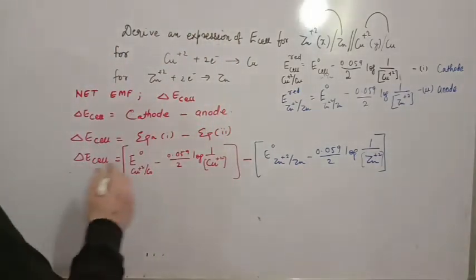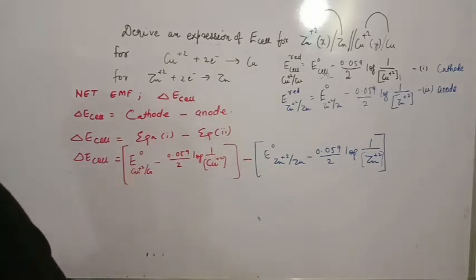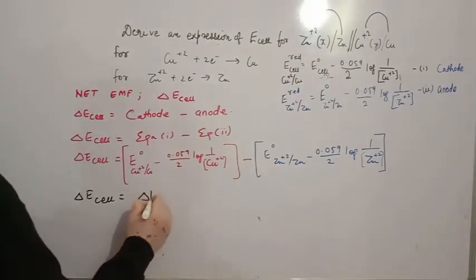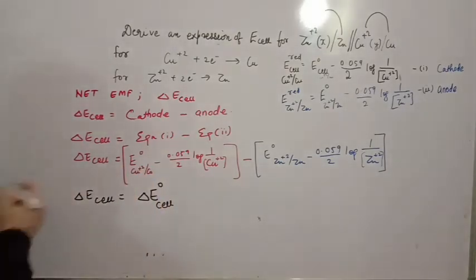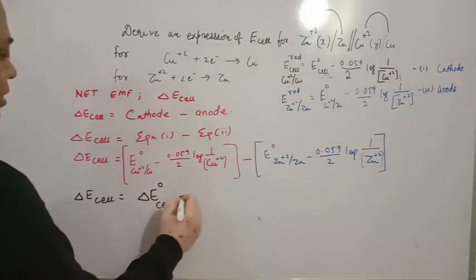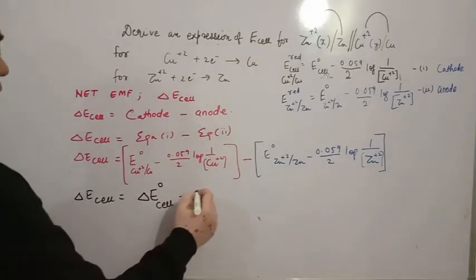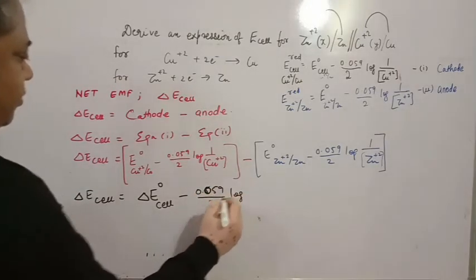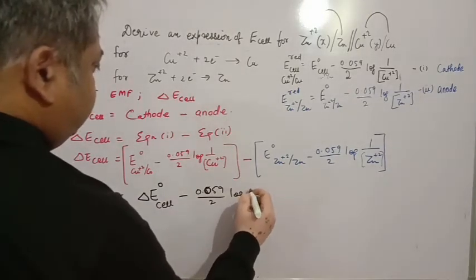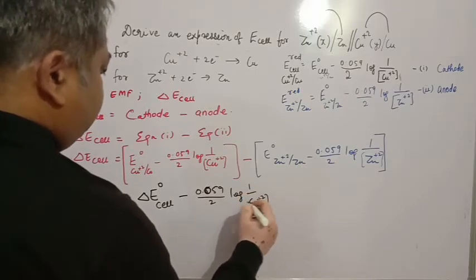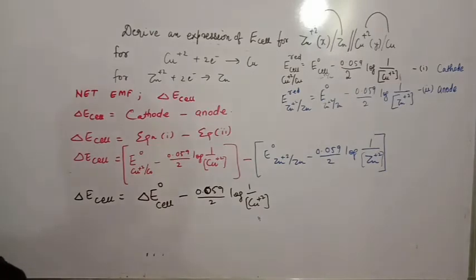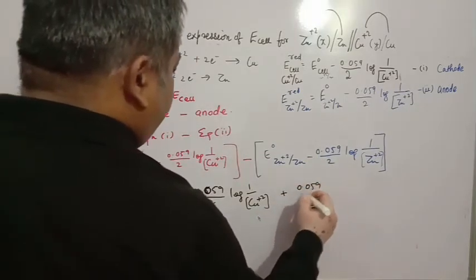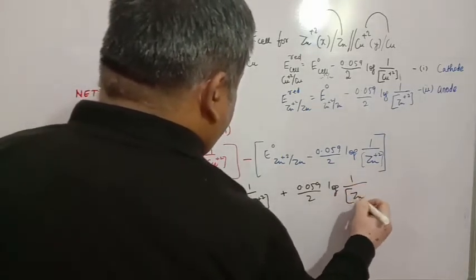Now we can open this together and write delta E cell is equal to this minus this, which will be equal to delta E standard cell, which is 1.1 volt as we had calculated earlier, minus 0.059 by 2 log 1 by Cu2+, and this minus will become plus 0.059 by 2 log 1 by Zn2+.